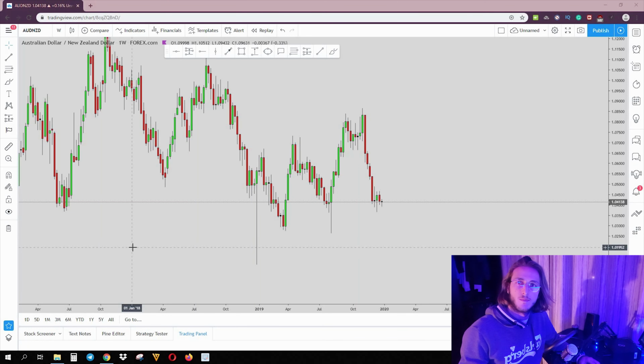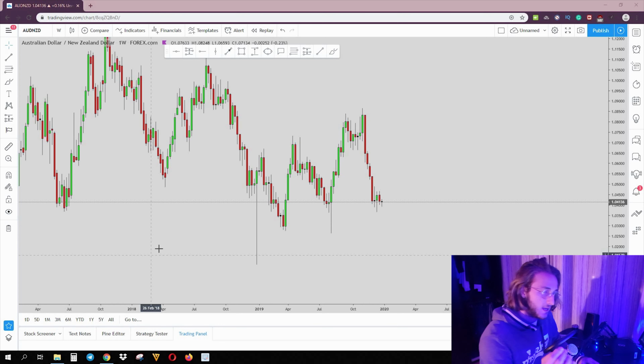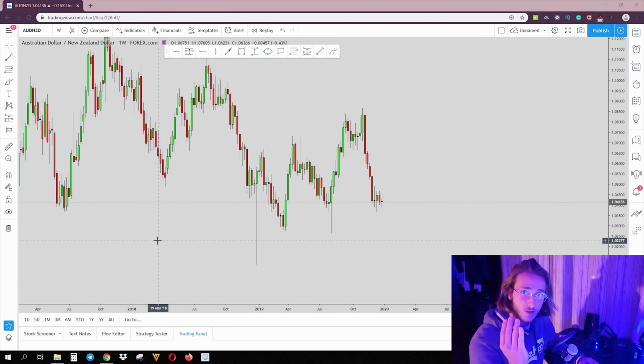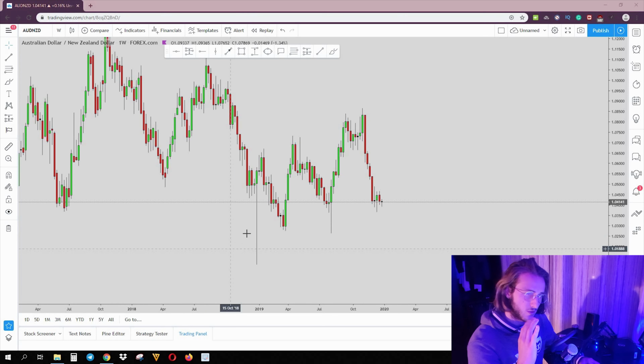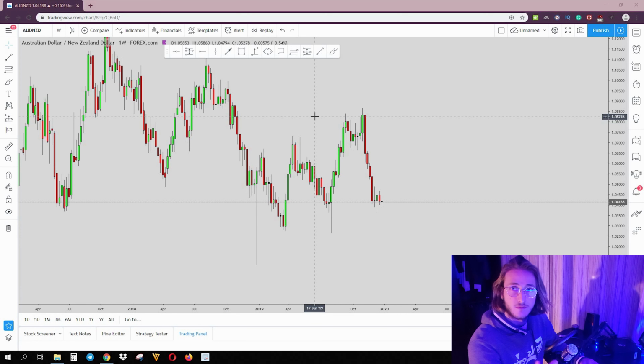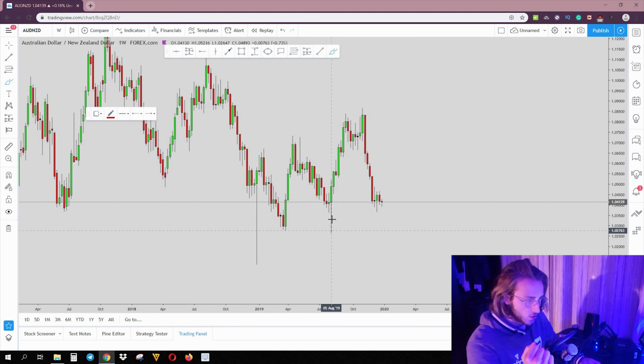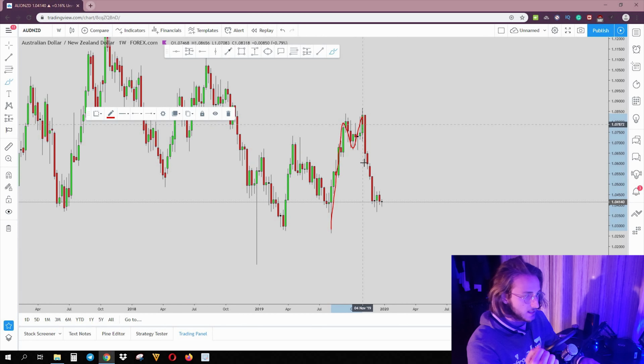Another pair that we spoke about was AUD NZD. On AUD NZD, at the moment we didn't trigger the trade yet. Let me explain why. First of all, from a weekly perspective on AUD NZD, what we clearly have is a market that has created this information, and after an information you expect the market to make a retracement.